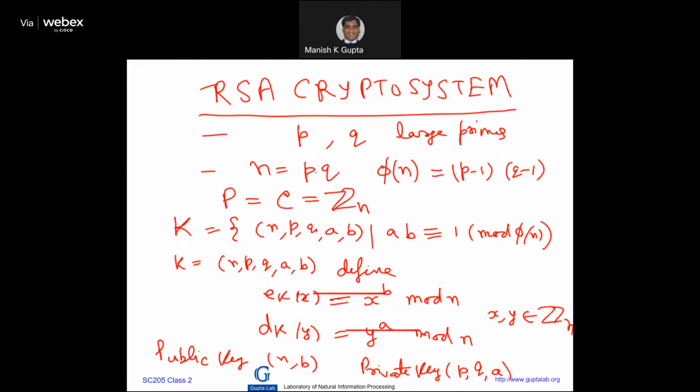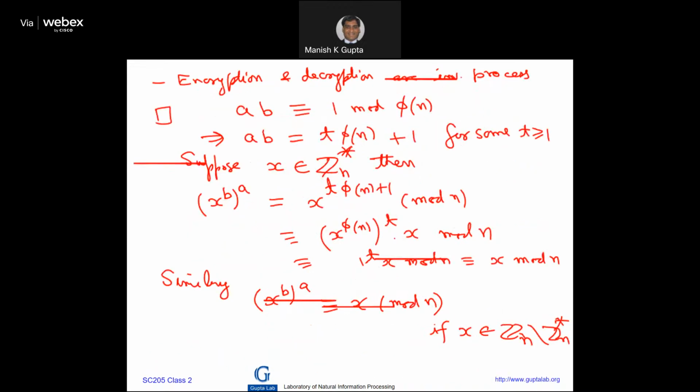So the whole key component is divided into public key and private key. The public key is of course publicly available, and the private key is p, q, a. I hope you know the encryption and decryption rules. They are working, so you can check that.